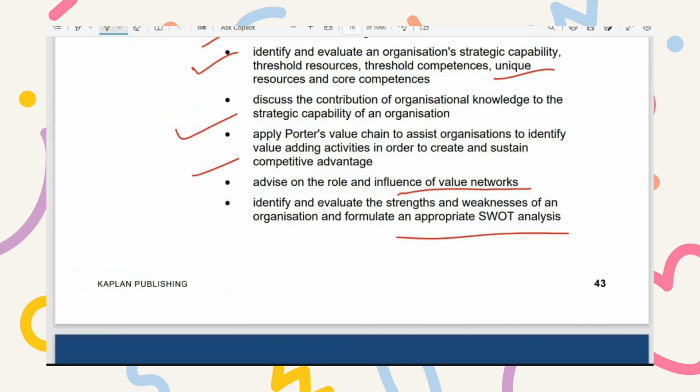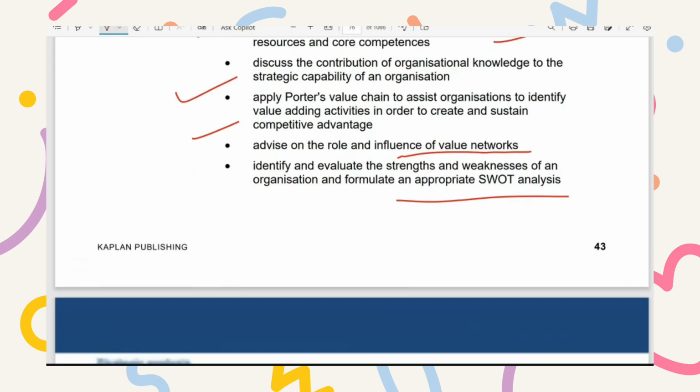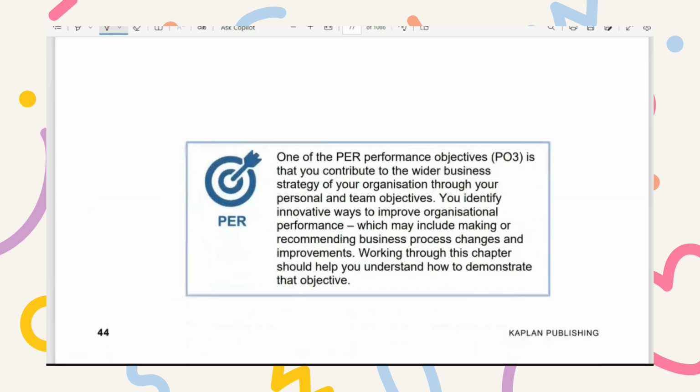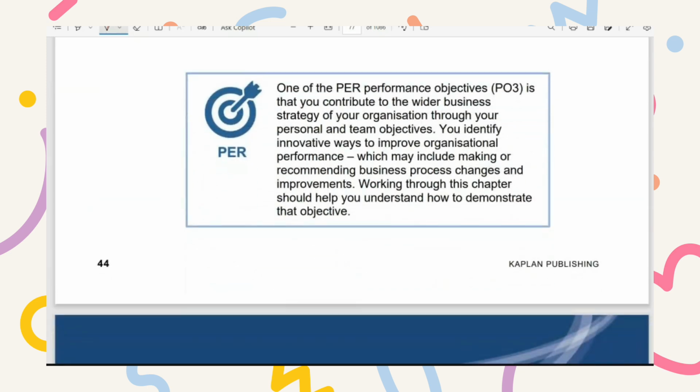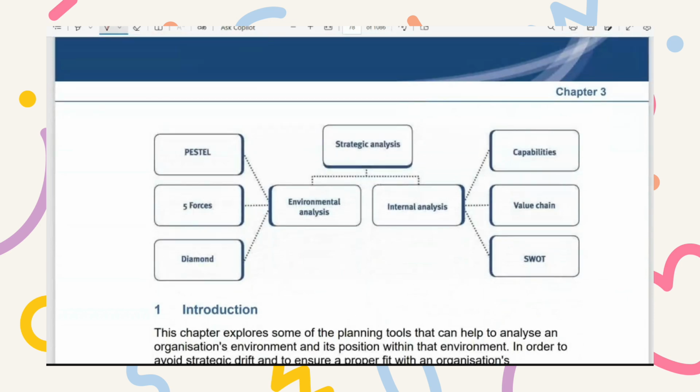This is also a model which we will discuss, and advise on the role and influence of value networks and SWOT analysis. The evaluation of the emphasis of SWOT analysis will also be in our discussion today. Be ready and be clear in your mind, because now you have to be attentive and pay attention to this topic.